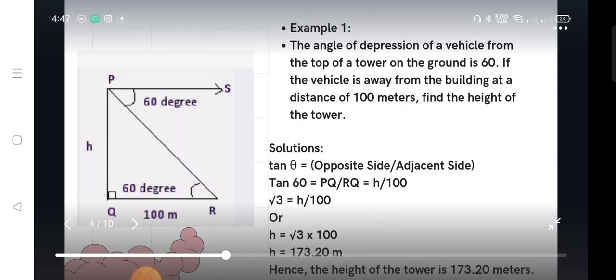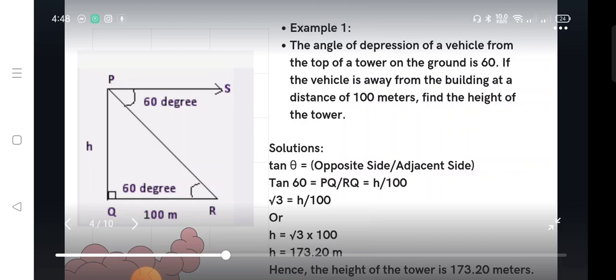So tan 60, which is square root of 3, is equal to height over 100, or height is equal to square root of 3 times 100. So the height is 173.20 meters.